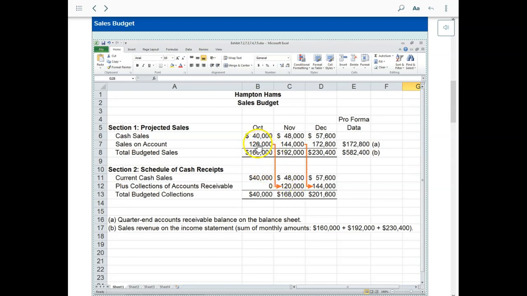That's why this $120,000 sales on account in October doesn't show up as a cash collection until November. That's just the assumption this company makes. They could have made a little bit different assumption on this. They could have said part of this sales on account in October will be collected in October and part in November, but they're just giving a simple example here and saying any sales on account in one month is not collected until the next month.